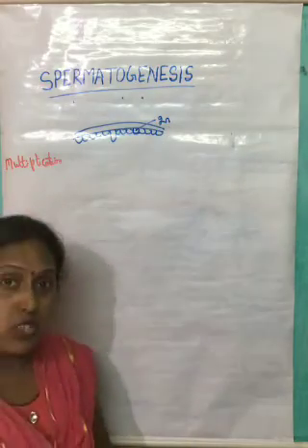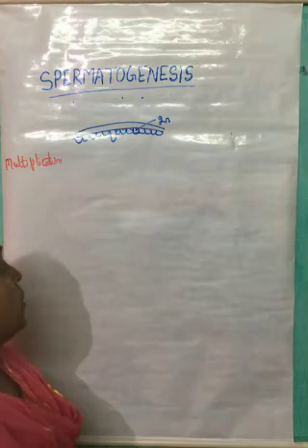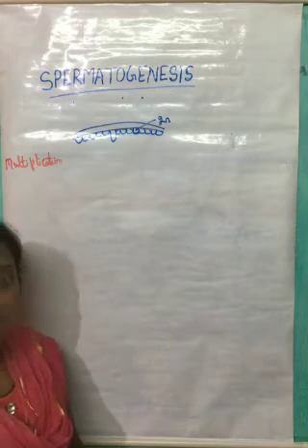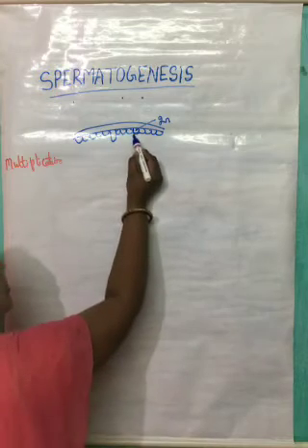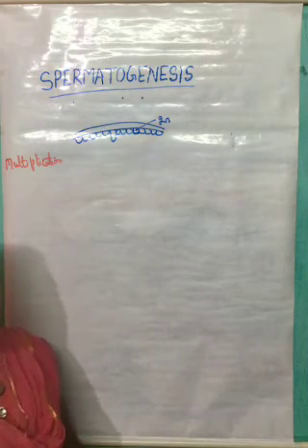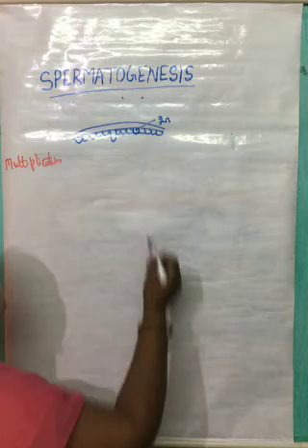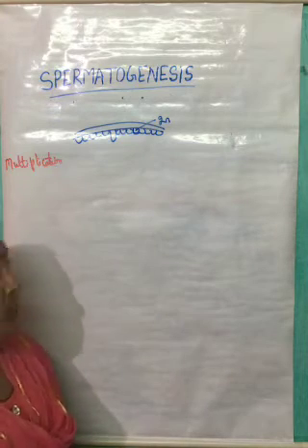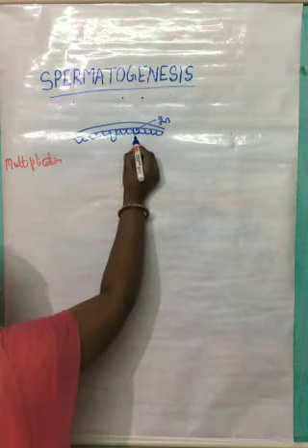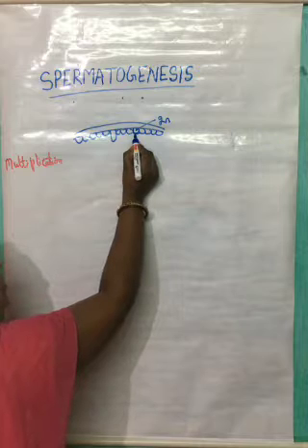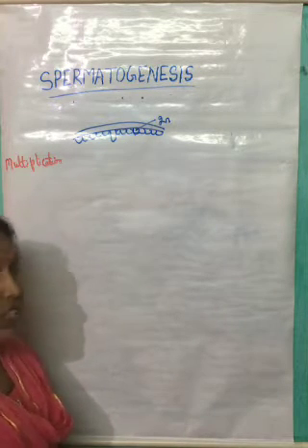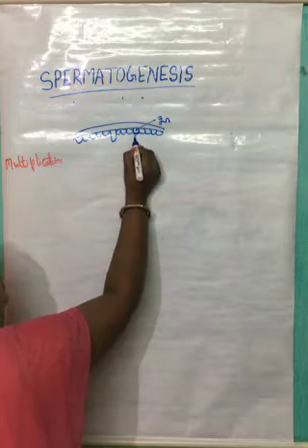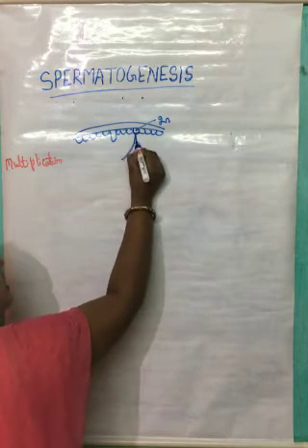Diploid means they are having 2n number of chromosomes. This primary germ cell will undergo the multiplication phase. During the multiplication phase, it will undergo the type of cell division known as mitotic cell division. So this will divide by mitosis.